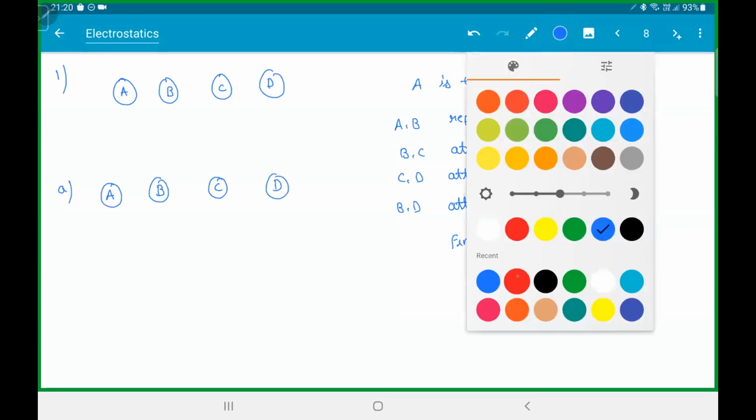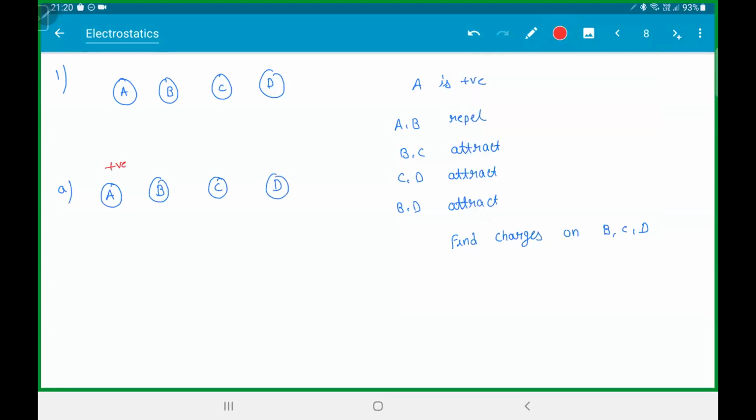So one thing is clear. A is positive. A and B repel. So definitely B is positive. Is that clear? Now C can be negative and D can be neutral, because a neutral body will always attract, whether you keep positive or negative. Or there are 2 answers for this.